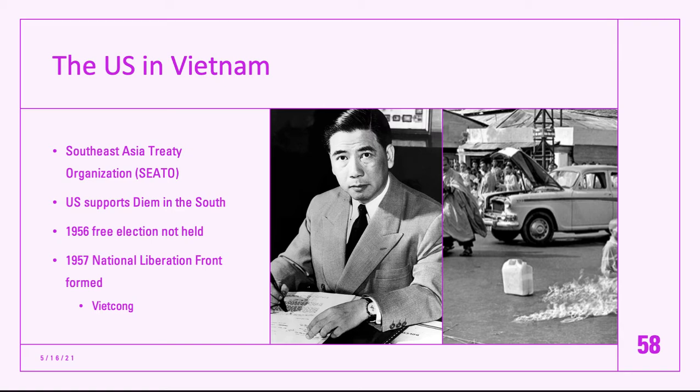So really what we see happening with this U.S. support of Diem is that our name gets tarnished in Vietnam. Not only do we see in 1957 the National Liberation Front be formed, which eventually becomes known as the Viet Cong, Vietnamese for communism, but everybody who looks at the United States says they're only here for their best interest. They're not here to help the people or listen to what the people want.